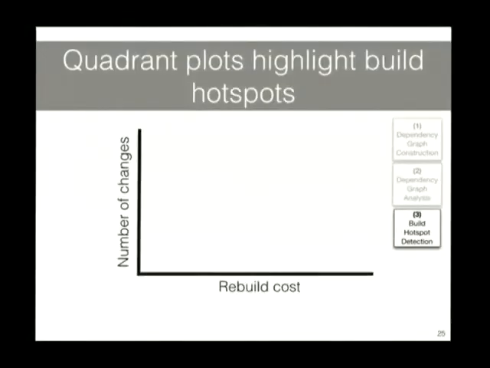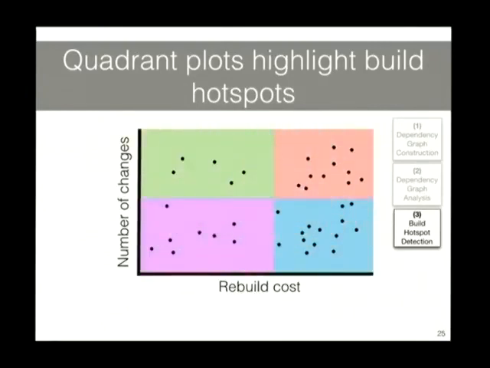And this is a pretty simple concept. We just take the rebuild cost and the number of changes for each file and plot them against each other on an XY grid. So each one of these dots would represent one of the files in your system. And then we split it into quadrants. So based on thresholds that you pick for your project, you say, I'm not willing to wait more than 90 seconds, 100 seconds, 20 minutes, whatever it is.